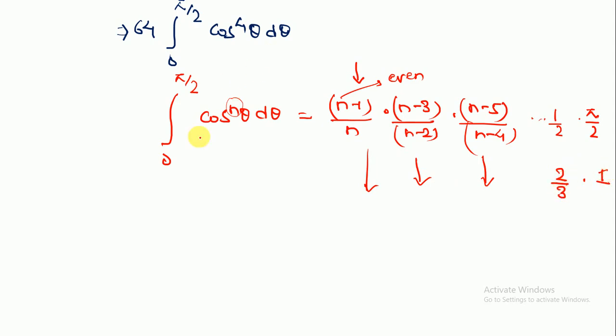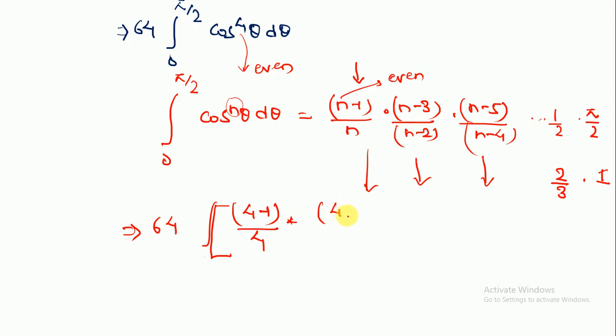So cos 4 theta on solving, what you will get is 64 integral, as n equals 4. N is even. So you will write it as n is 4, 4 minus 1 by 4 into 4 minus 3 by 4 minus 2.